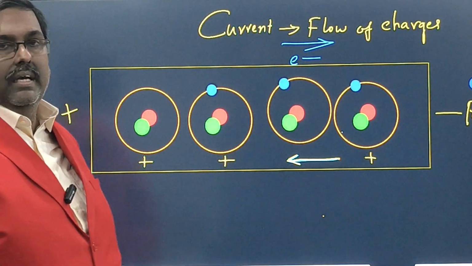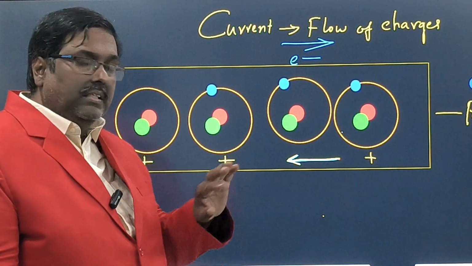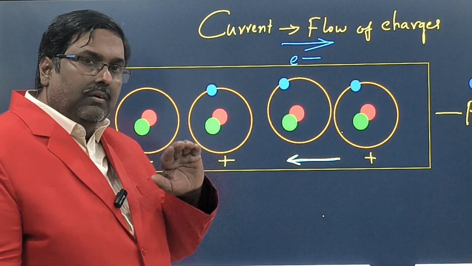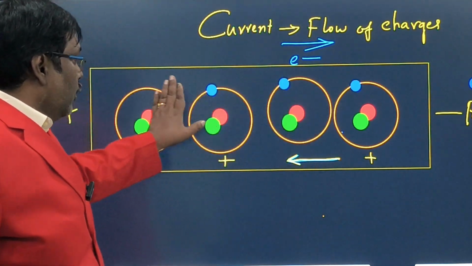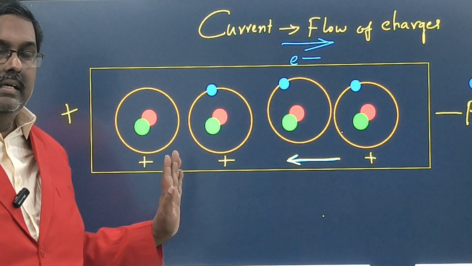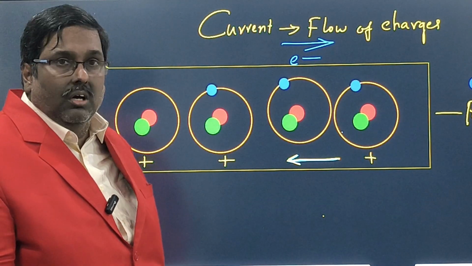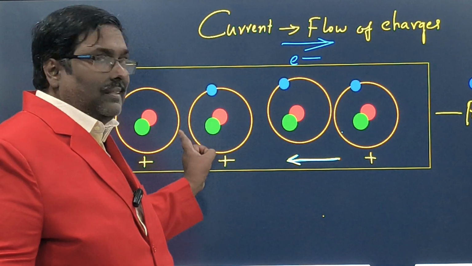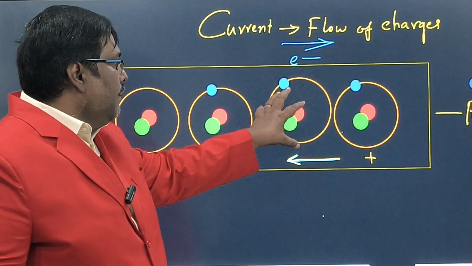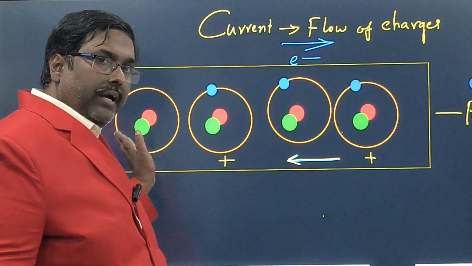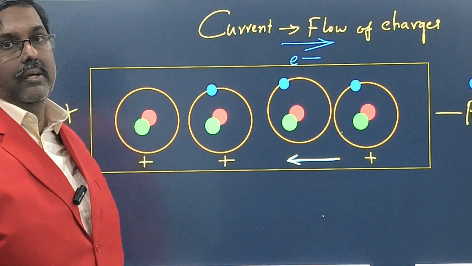But hereafter we don't talk about electron flow. We consider only the current, which is the positive charges jumping from one atom to another, not physically transferred. That is why we cannot say flow of electrons or flow of protons. Here there is no flow of protons, but flow of charges: positive charges jumping from one atom to another, going from positive to negative through the circuit.